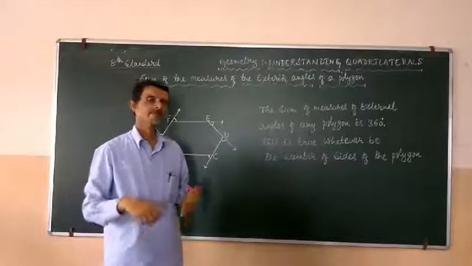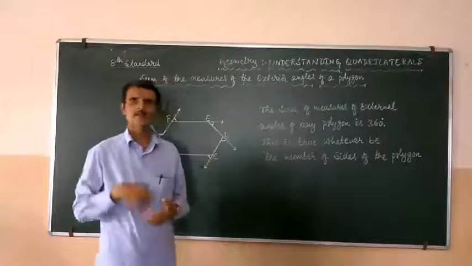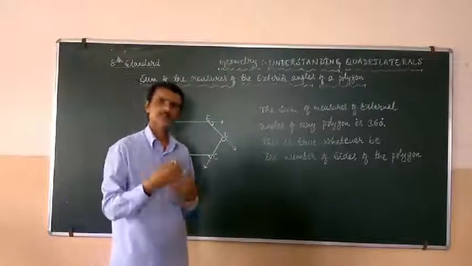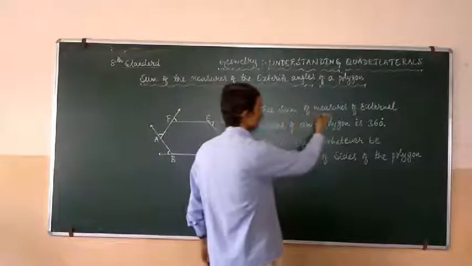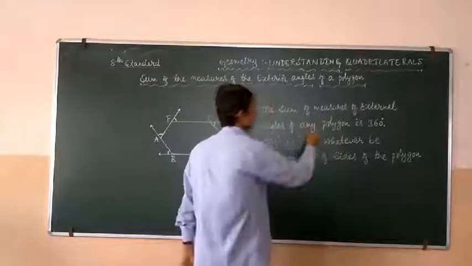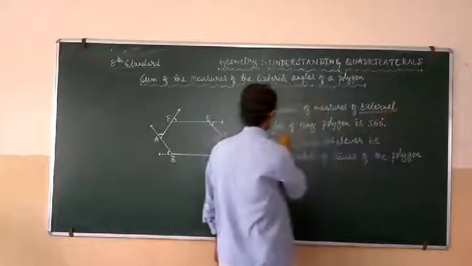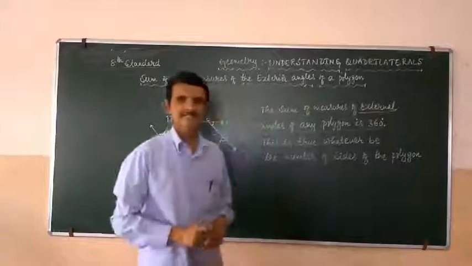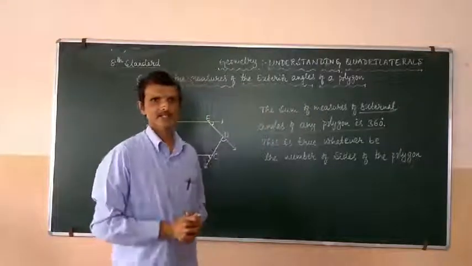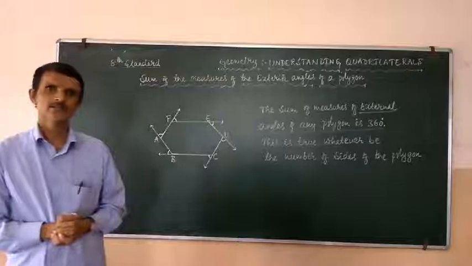It may be a quadrilateral, pentagon, hexagon, or heptagon, any type. Therefore the sum of the measures of the external angles of a polygon is always 360 degrees. So you have to understand this, students.